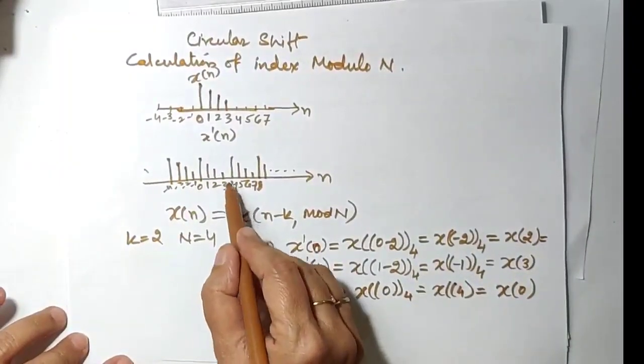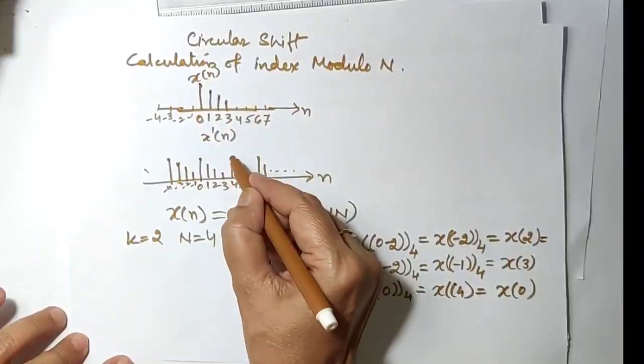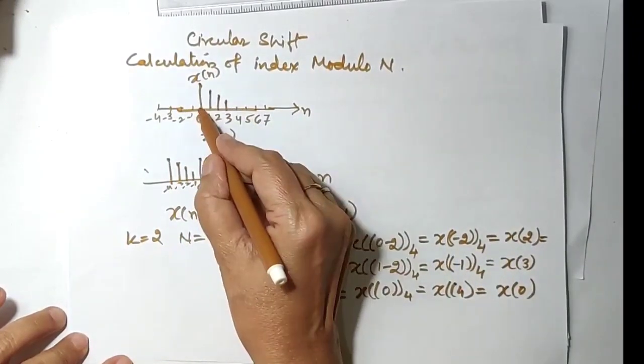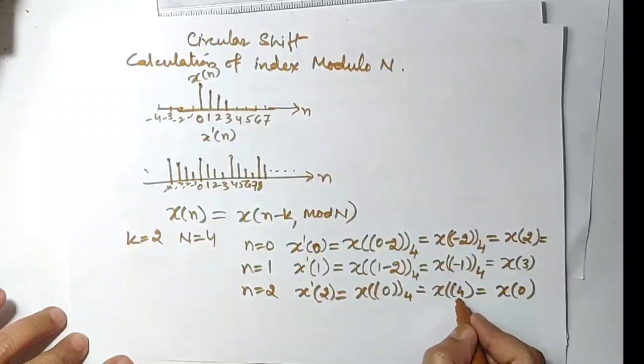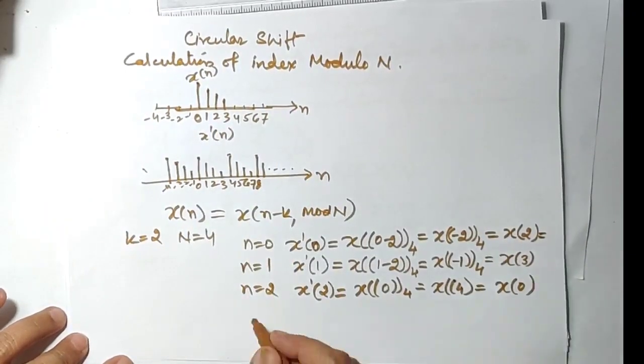What is at 4? The value of 0. At 4, the 0 value is repeating, so x4 is the 0 value repeating.